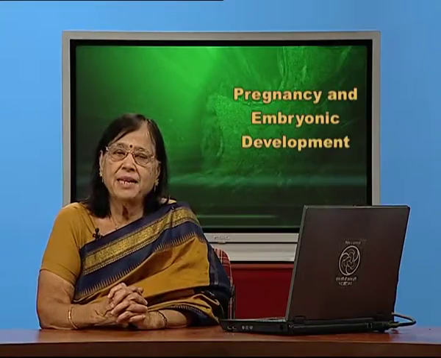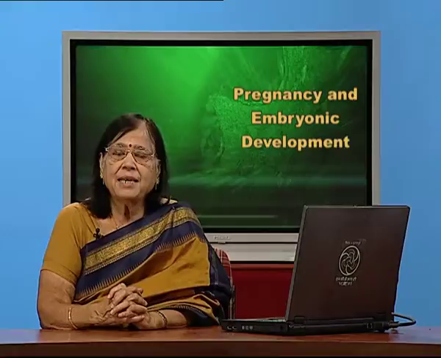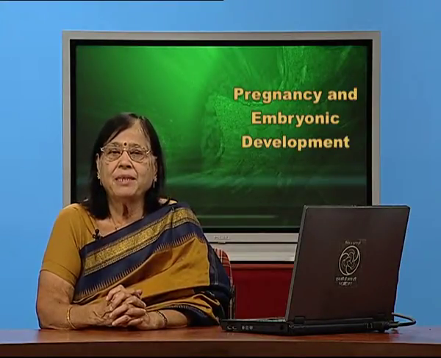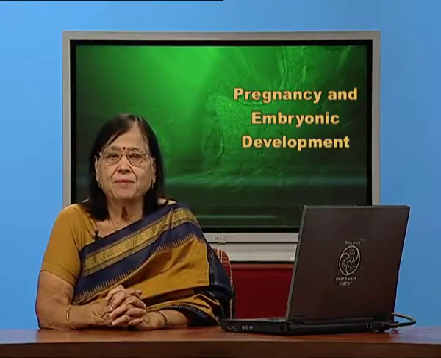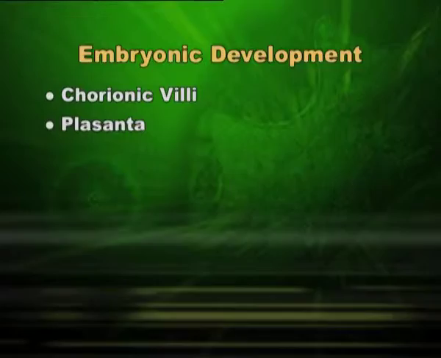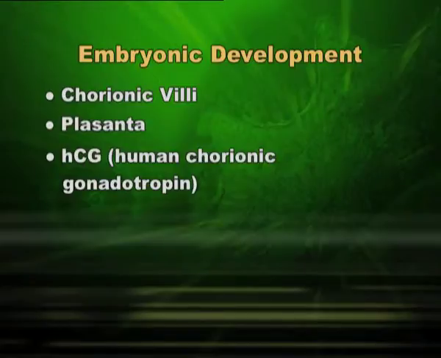We are not going into details of placenta. This is enough for you to know that in the human female, the placenta has chorionic villi. Villi means increasing the surface area. Placenta is the bridge between mother and fetus, and this releases a hormone called HCG, human chorionic gonadotropin hormone.